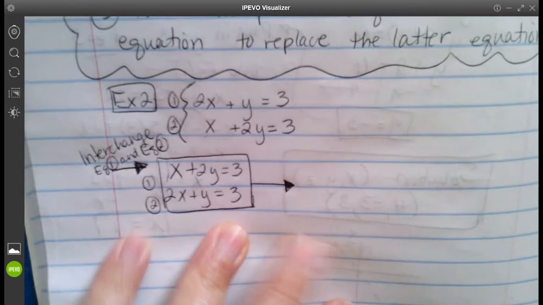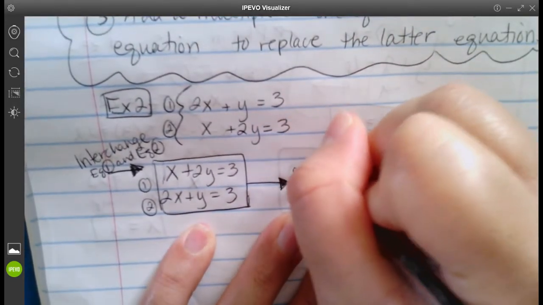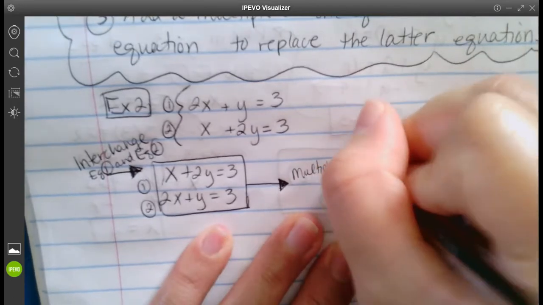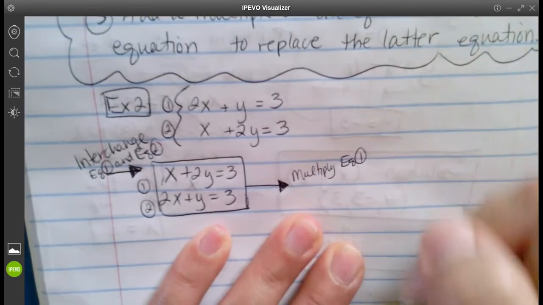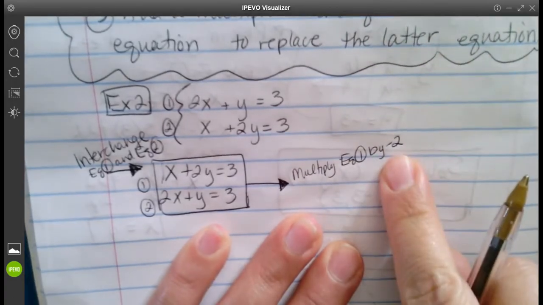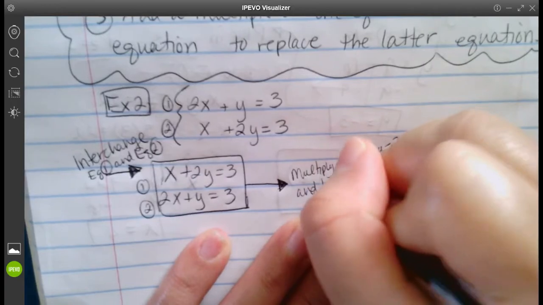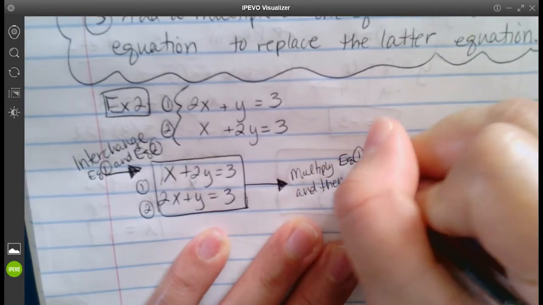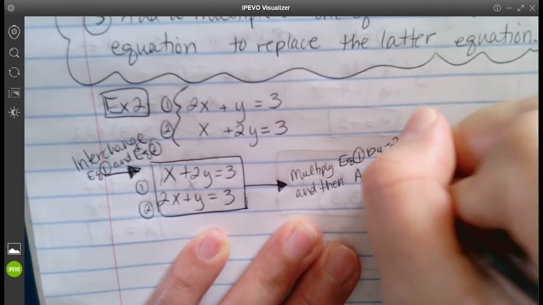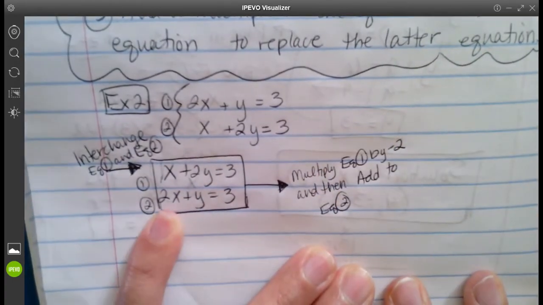Okay, so right here, I'm going to multiply equation 1 by negative 2. So I'm going to multiply this by negative 2, and then I'm going to add to equation 2.